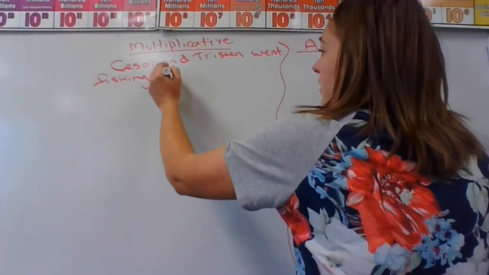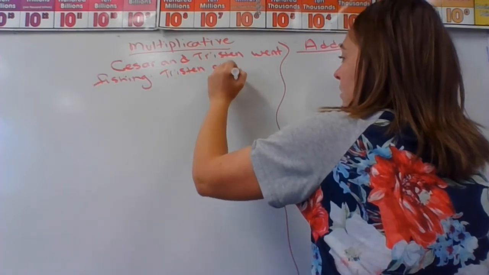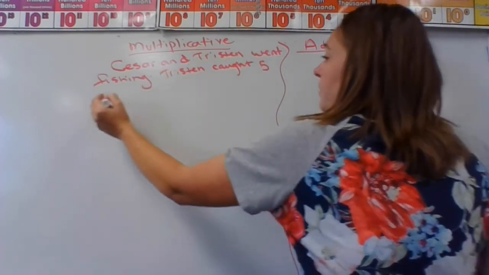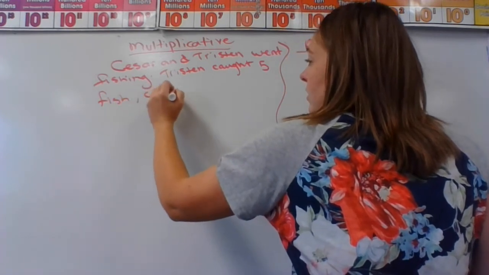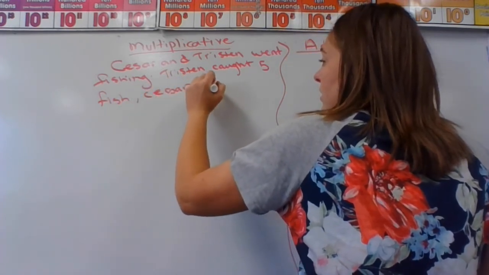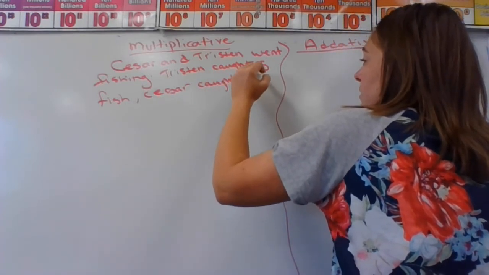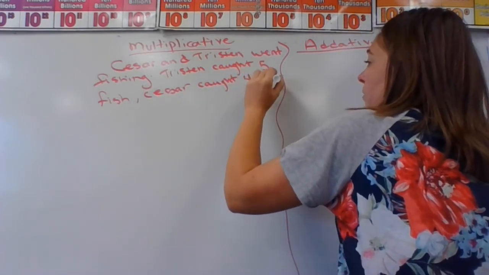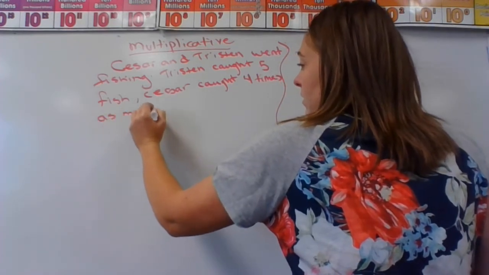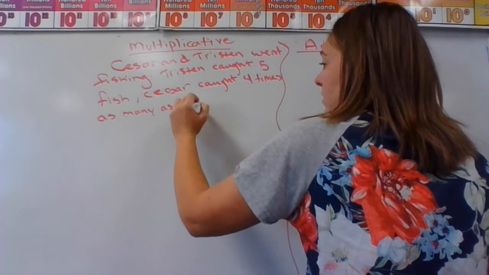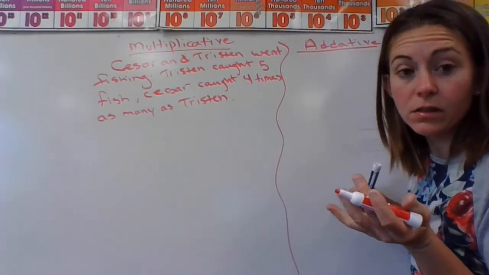And Tristan caught 5 fish, comma, Caesar caught 4 times as many as Tristan. All right, then we want to know how many did Caesar catch?